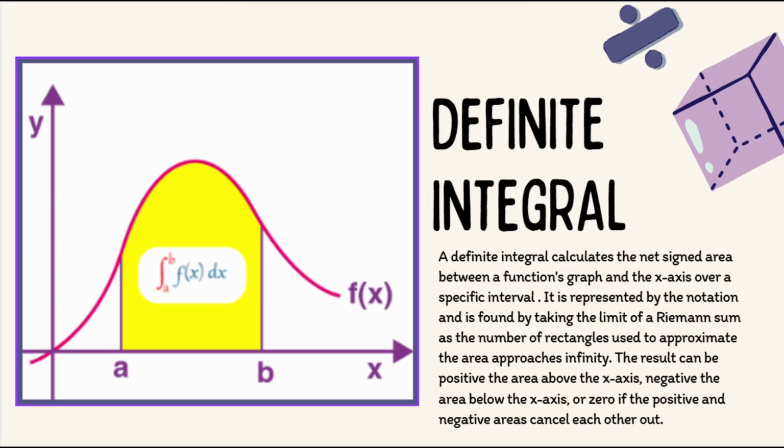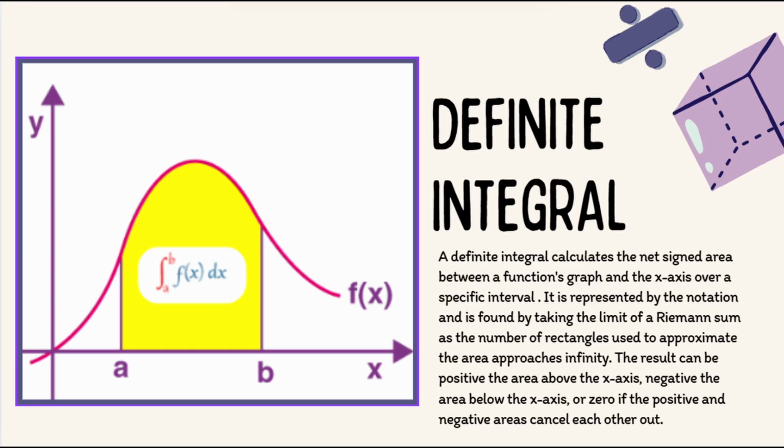Now I'm going to talk about the definite integral. The definite integral is a fundamental concept in calculus that calculates the area between the graph of a function f(x) and the x-axis over a specific interval, a to b.